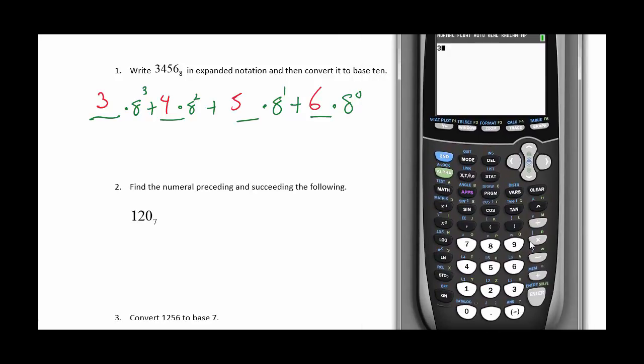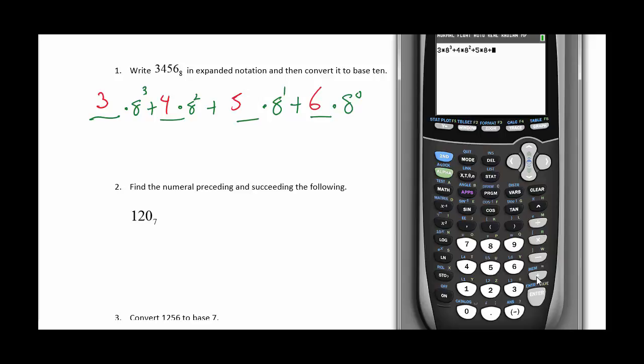Alright, so 3 times 8 cubed, plus 4 times 8 squared, plus 5 times 8 to the first. Now 8 to the first is actually 8, so I'm just going to leave it like that instead of typing in an exponent of 1.